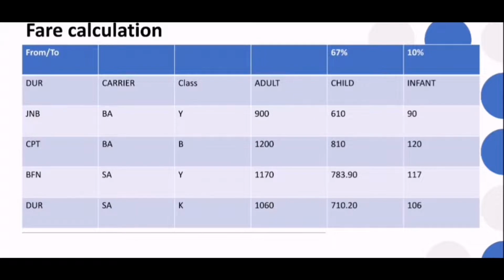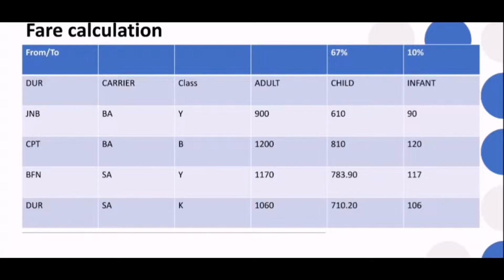When you are departing Durban to Johannesburg, you're going to be using British Airways class Y. Then the next sector is Johannesburg to Cape Town, which is British Airways class B. And then Cape Town to Bloem, SAA class Y. And then Bloem to Durban, SAA class K. So now we have plotted the information that we found in the previous slide.